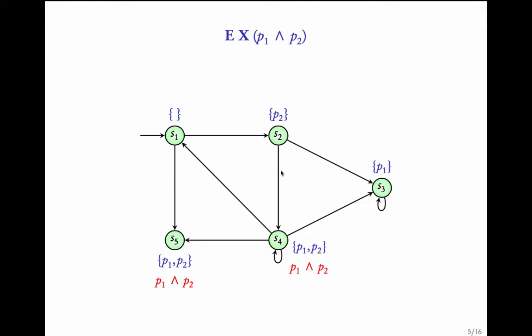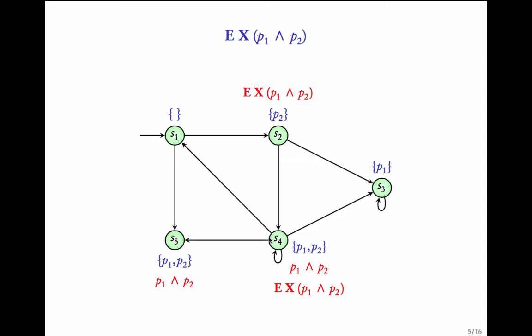The sources of these two incoming transitions will satisfy EX P1 and P2 because from these states there exists a transition to a state satisfying P1 and P2, which means from these states, if you look at the computation tree, there exists a path satisfying X of P1 and P2.